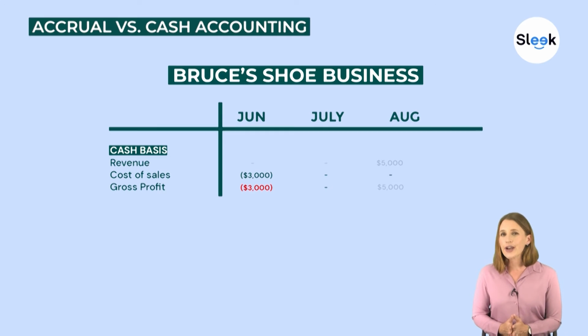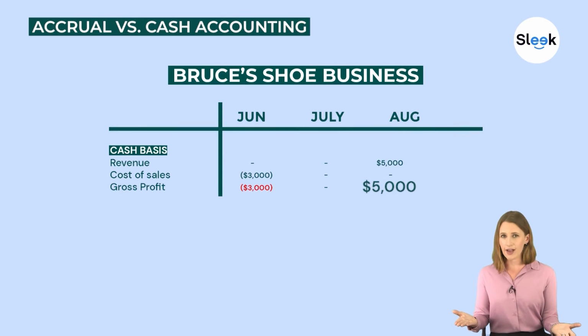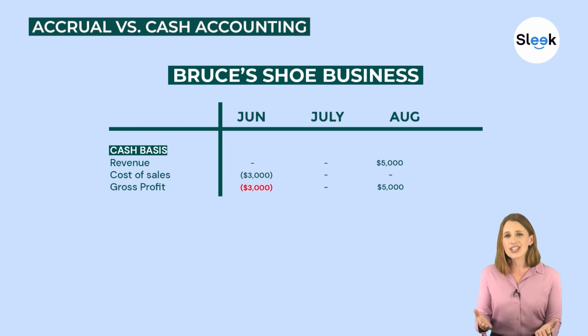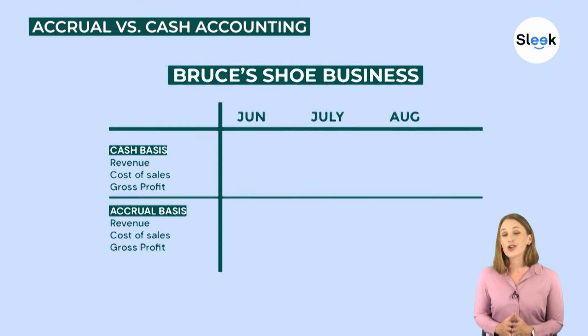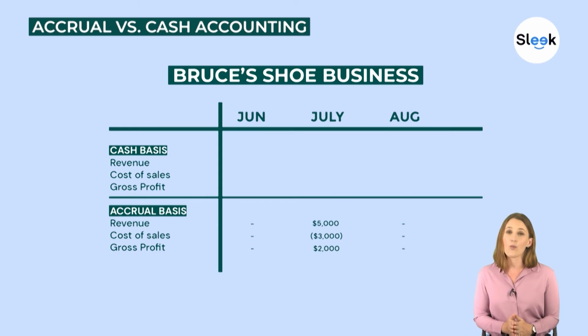However, in August, he would see a profit of $5,000 and think that business is going great again. With cash accounting, poor Bruce would be going on a roller coaster of emotions each month. Meanwhile, accrual accounting shows the entire profit in the month where the revenue was earned and the expenses incurred. And this is a far more consistent way to record your profitability.